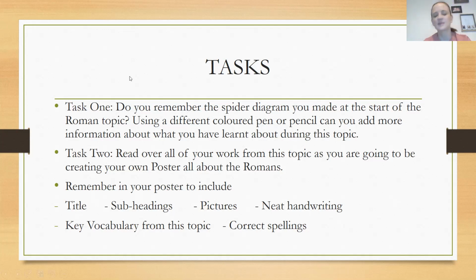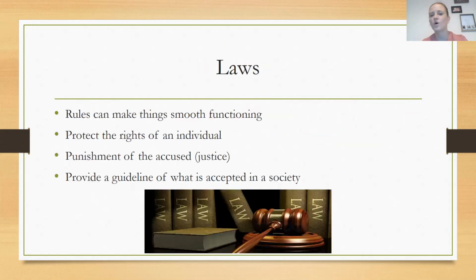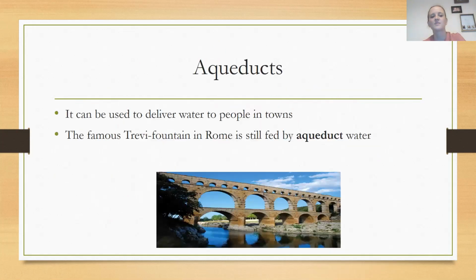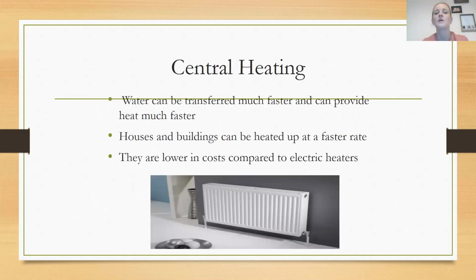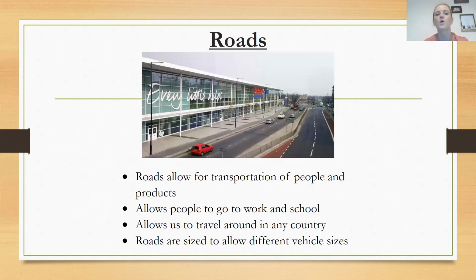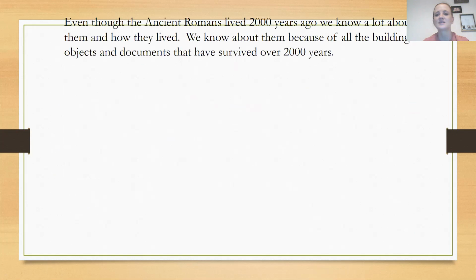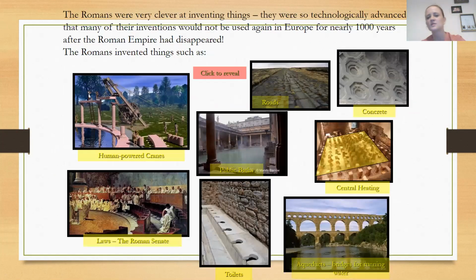Like I said, I'll go through a little bit of this. You could use some of the information that we looked at about what is still left in Britain that we still have today, that we can thank the Romans for, looking at the central heating, the laws, aqueducts, toilets, roads, cranes. You can go back and have a look at your videos. You could look at these ones as well.